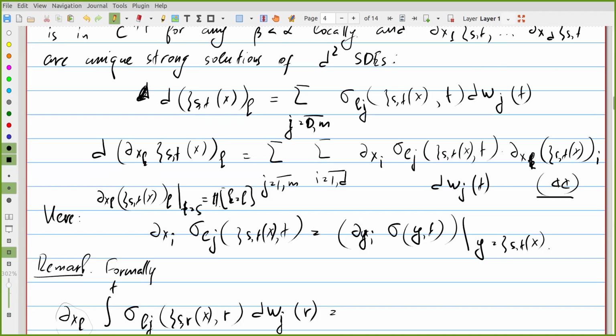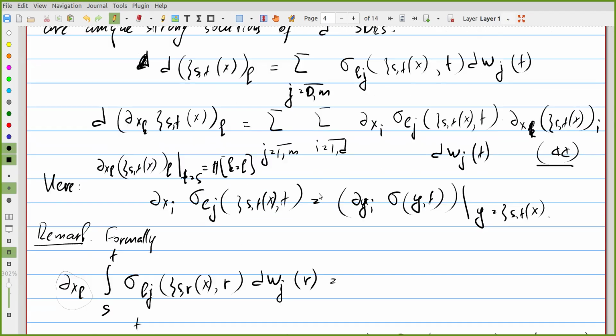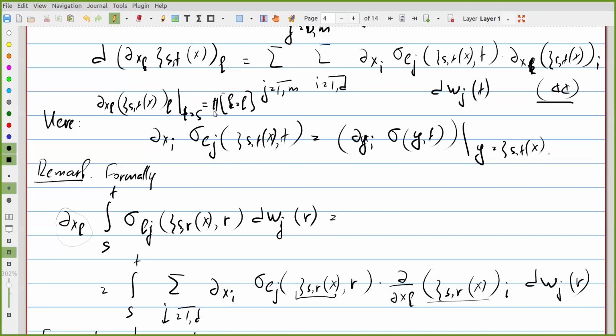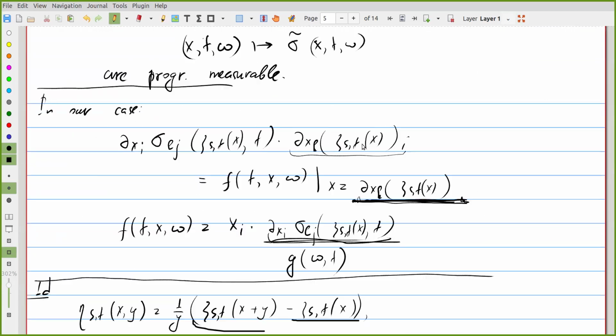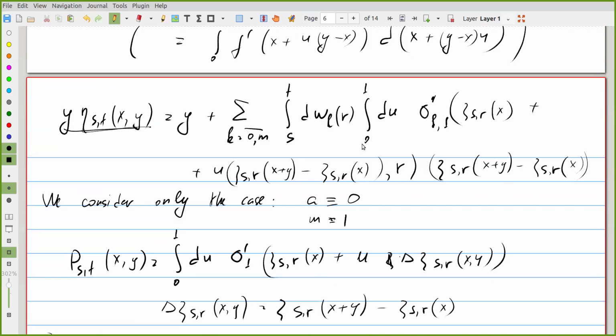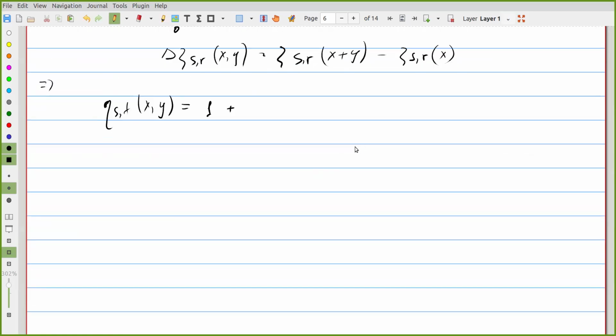If you know the corresponding result for Malliavin calculus, it is very similar, but the initial condition is different. Plus the integral from s to t, dW_r. We have just one Wiener process, so I drop any subscripts. P_{s,t}(x,y) eta_r(x,y).